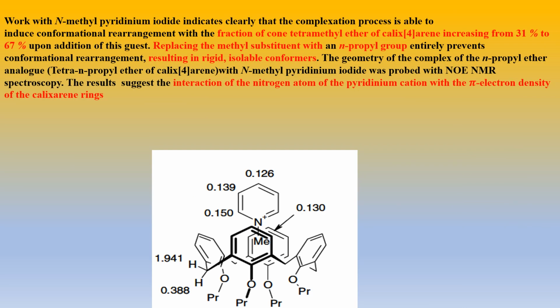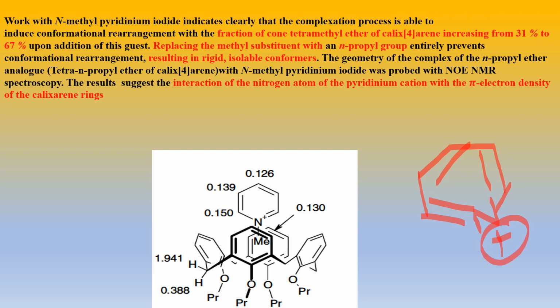So here you can see when you introduce a pyridine cation. So you know pyridine cation. So this is pyridine. So the pyridine cation will also approach towards the aromatic rings in the Calixarenes.